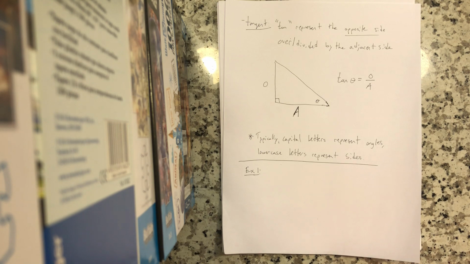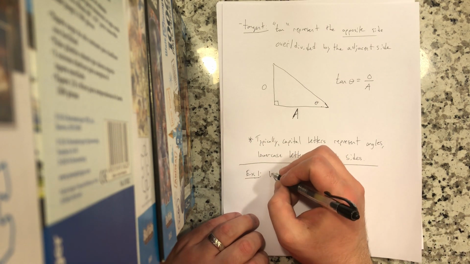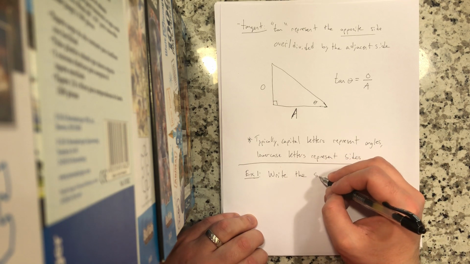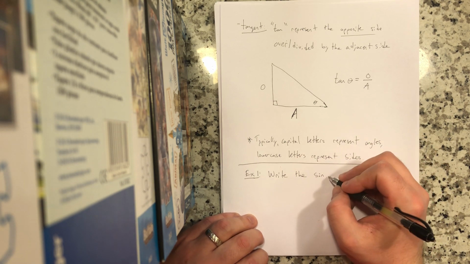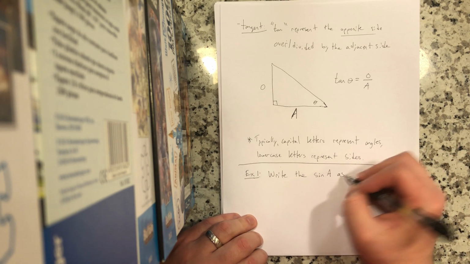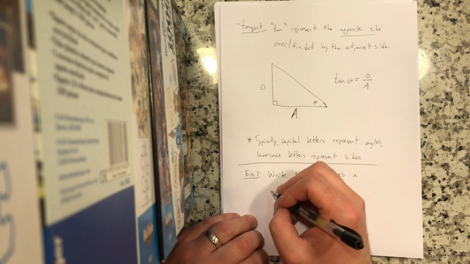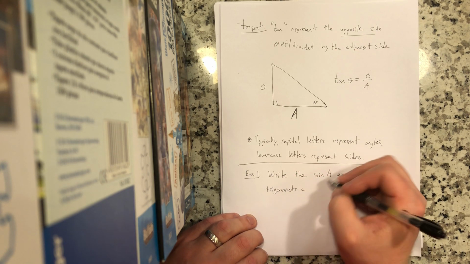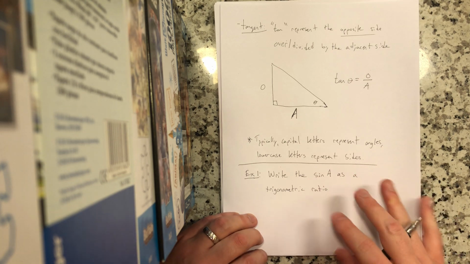So let's write the sine of our angle A as a trigonometric ratio. Okay.